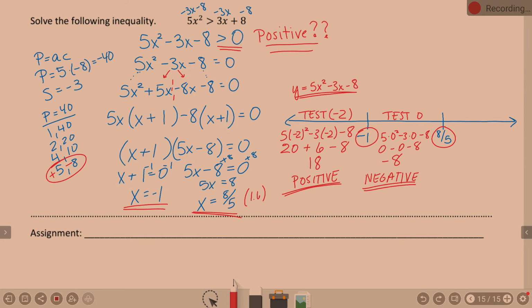A number bigger than 8/5. 1? Oh, no, 2. I can't use 1 because 8/5 is bigger than 1, isn't it? So 2 is the first whole number value you can use, or go bigger if you want to. 5 times 2 squared minus 3 times 2 minus 8. 2 squared is 4, times 5 is 20, minus 6, minus 8.